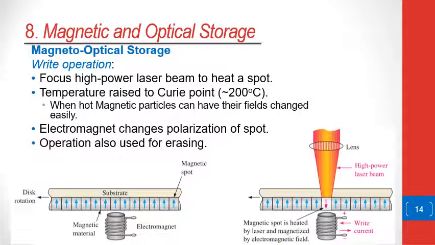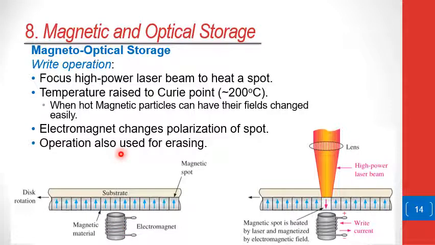Now, if you look at the write operation of a typical magneto-optical disk, say for example in this image here, you have a disk on a substrate and the information is stored in the form of magnetic polarity of the material, and it's written by an electromagnet.